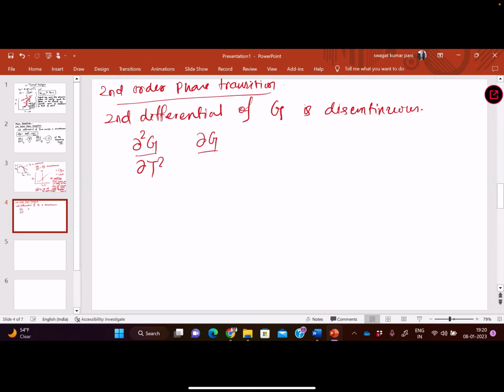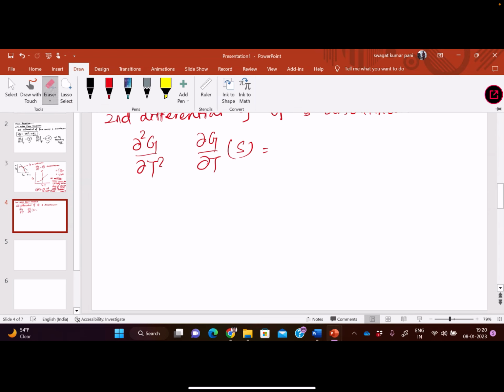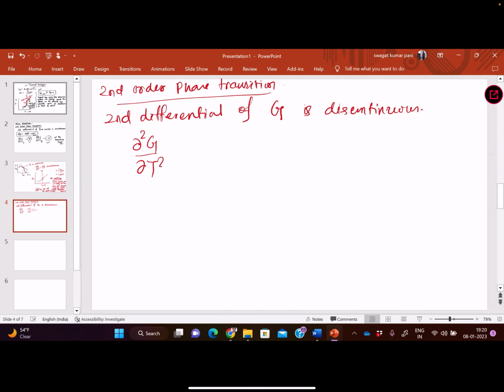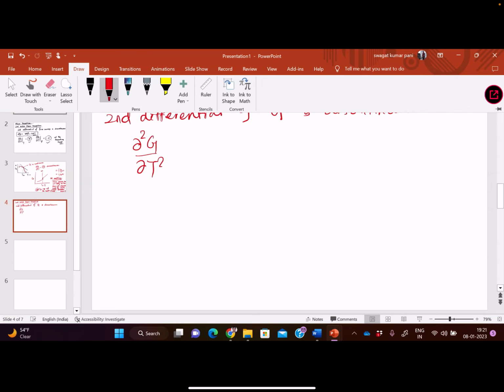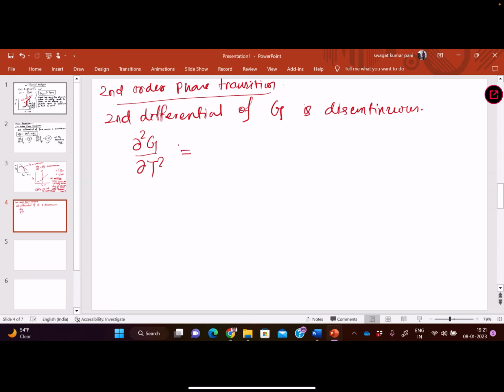We know del G by del T is minus S. So the first differential of G with respect to T is minus S. The second differential will be del S by del T, that is basically Cp by T.